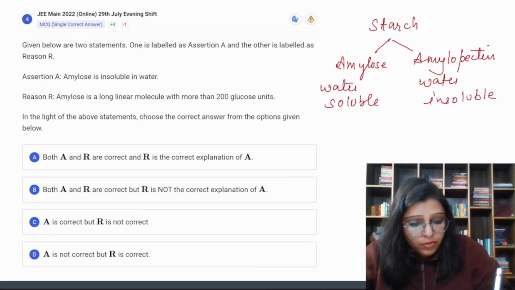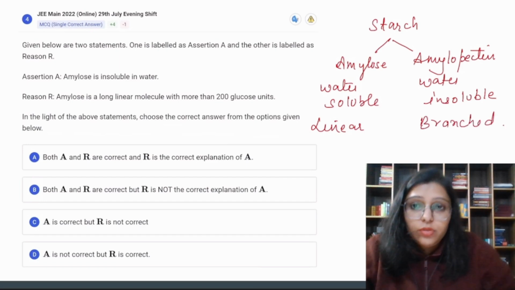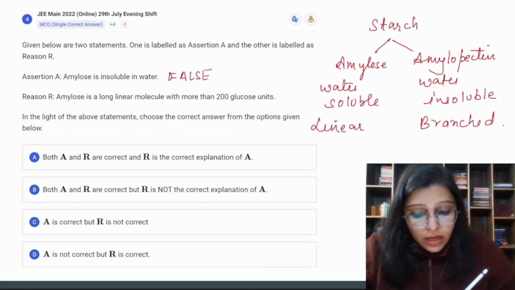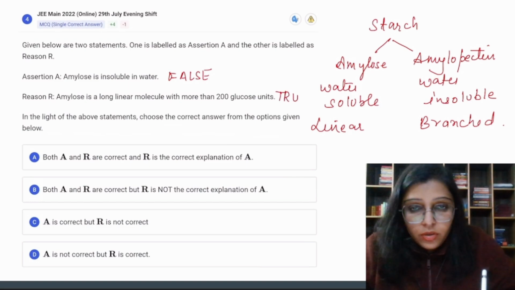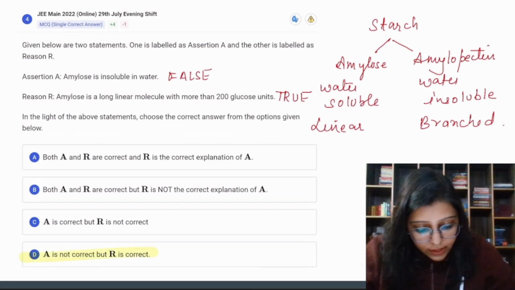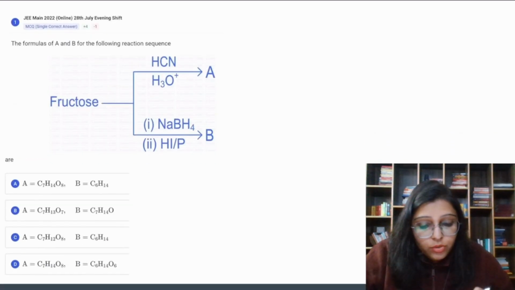In amylose we have a linear structure and in amylopectin a branched structure. So the statement that amylose is insoluble in water is false. The reason, that amylose is a long linear molecule, is true. So the assertion is false and the reason is correct.